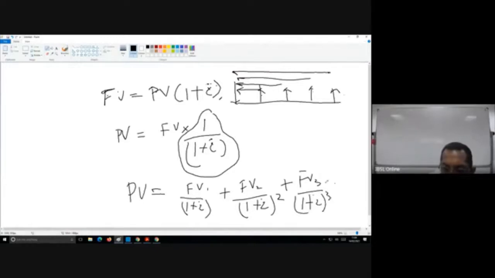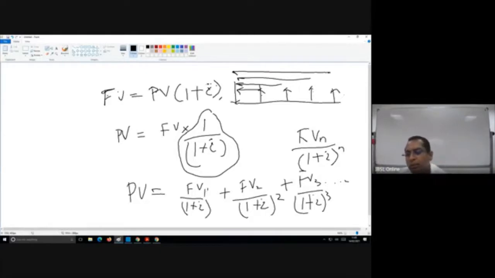Like that you can write. So the future value in year n divided by 1 plus I to the power n, right? So first one it is 1, 2, 3, like that. It goes to the nth year like this.